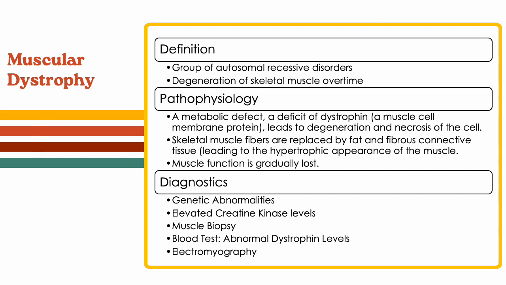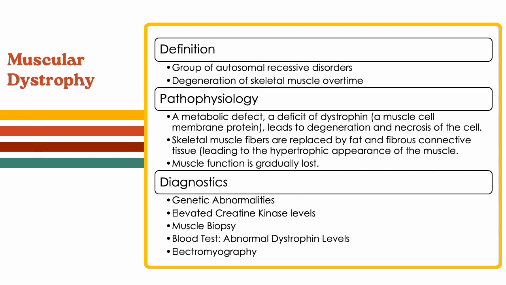First, we'll talk about muscular dystrophy, and this is a group of autosomal recessive disorders. So you have a gene that creates this defect, and ultimately it does result in the degeneration of skeletal muscle over time.